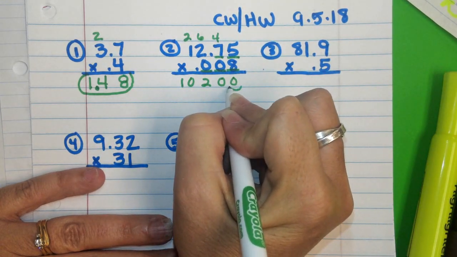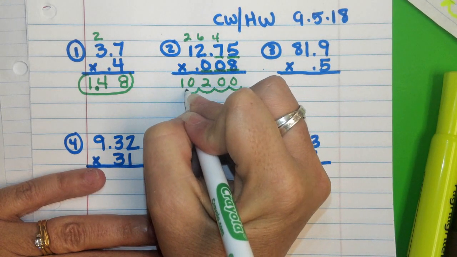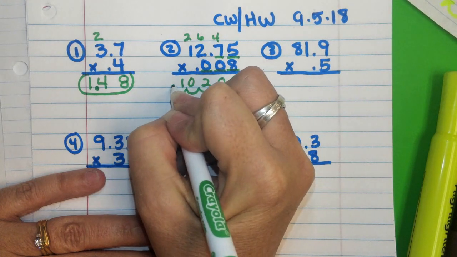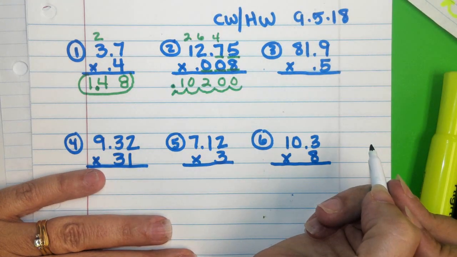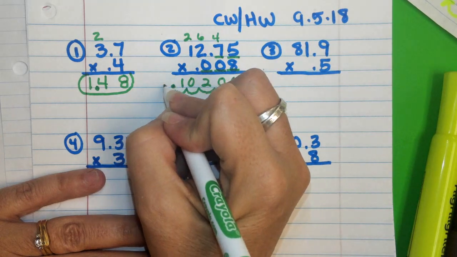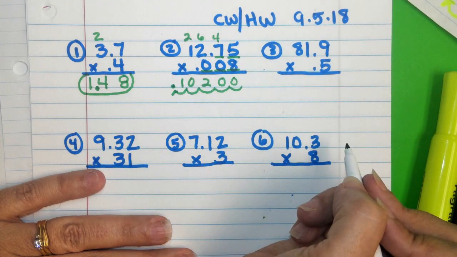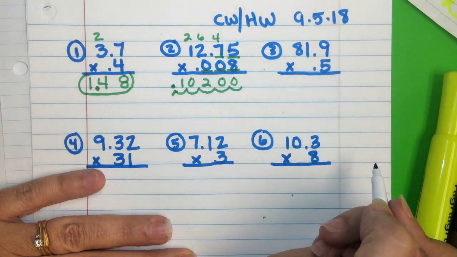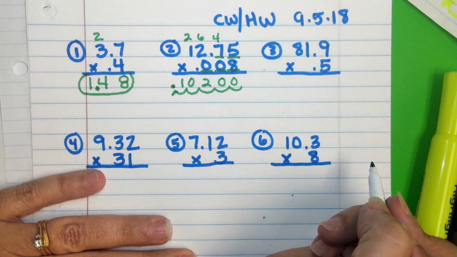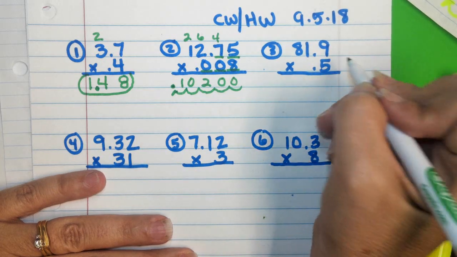So when I bounce my decimal, 1, 2, 3, 4, 5, it goes right there. And if you have a 0 in the front, that is fine. Like you could have a 0. It's okay. Good on that one? You sure? Okay.